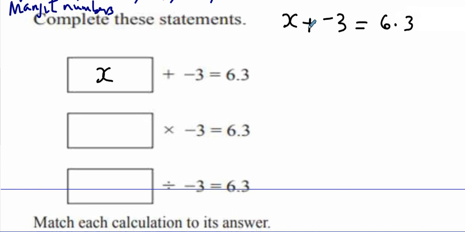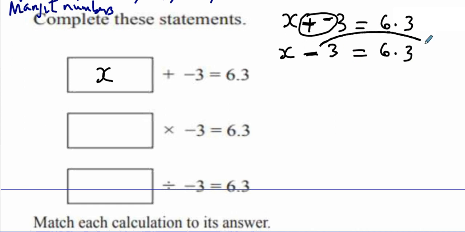Now when you have two signs following each other, we multiply these signs. So what is positive times negative? Positive times negative is negative. So this will be x minus 3 equals 6.3. Then transfer this -3 to this side because we are looking for the value of x.